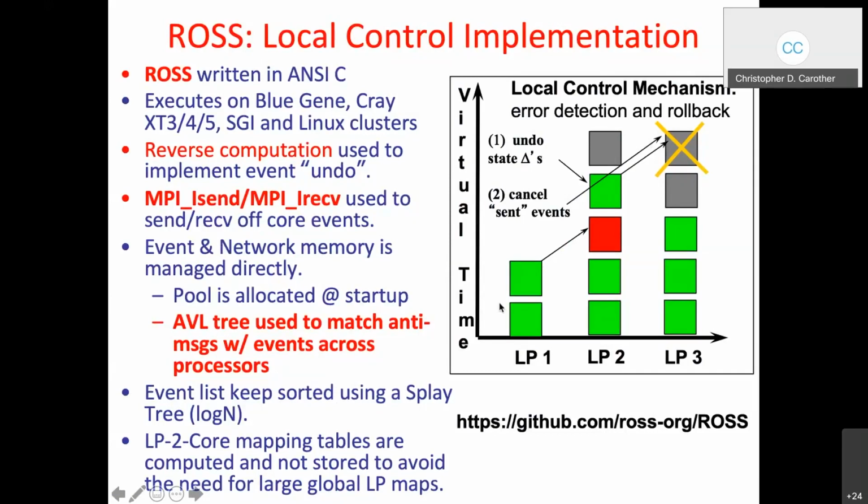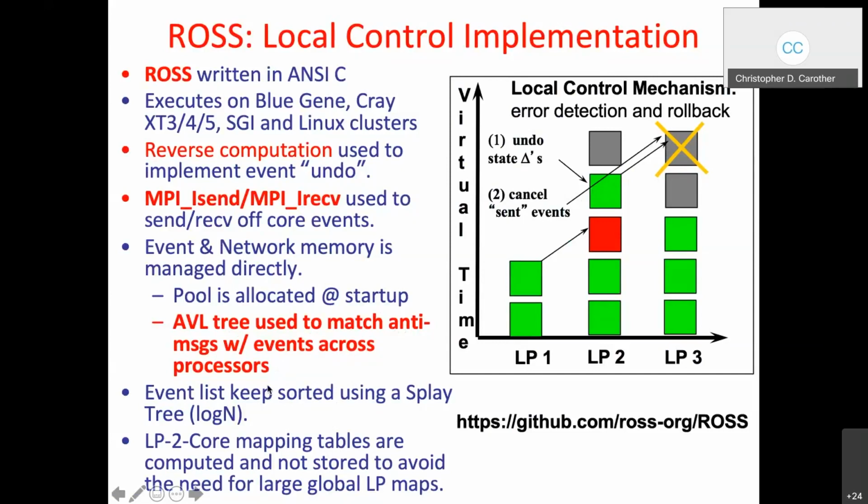In terms of the pending event list, we use what's called a splay tree, which was very fast at keeping all the lists sorted. The splay tree does a great job at keeping the next event to process at the very top, but it's not good for searching. But the AVL tree was better for searching, so that's why we had the two different data structures.